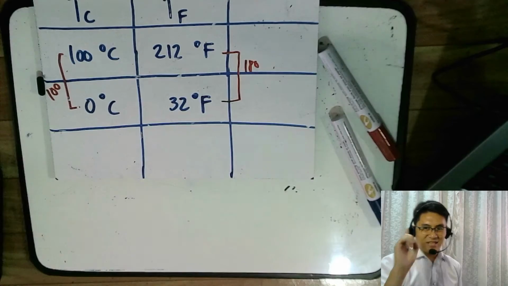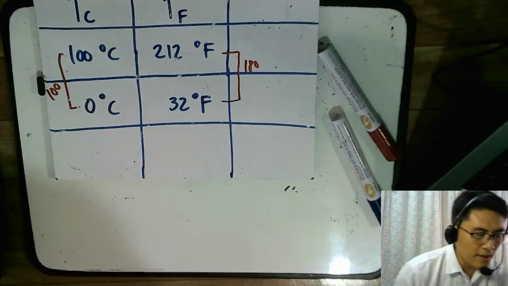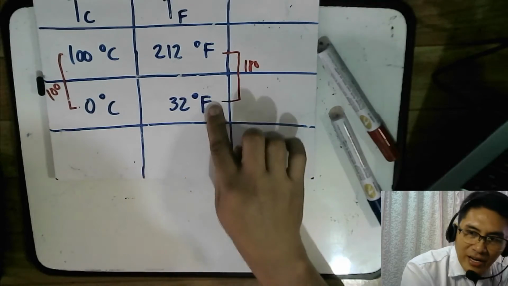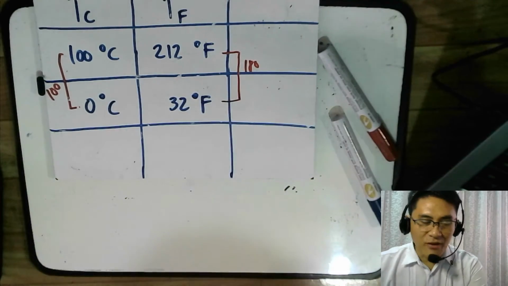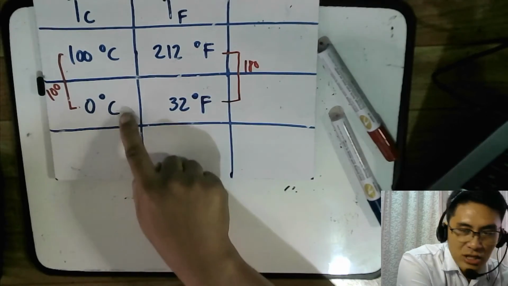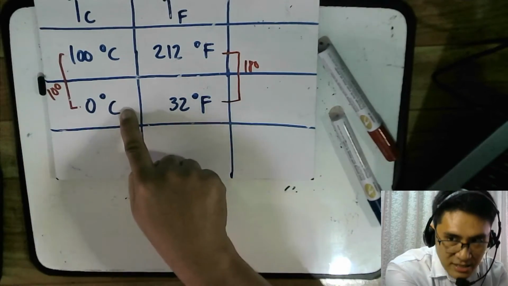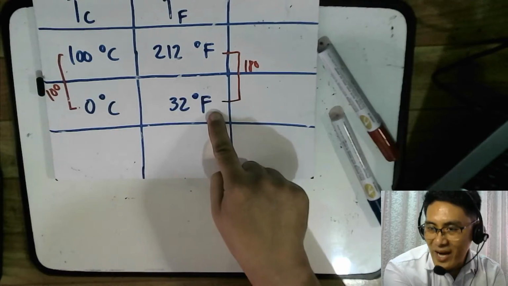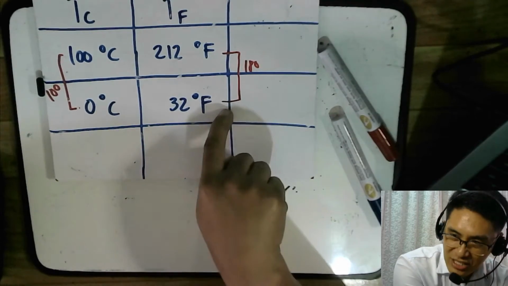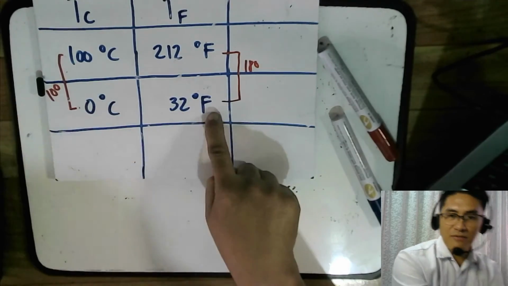So that is different from mm and cm, because it looks like the Fahrenheit scale has an unfair advantage of 32, because when Celsius is still at 0, Fahrenheit is already at 32. So this is an advantage from the perspective of Fahrenheit.